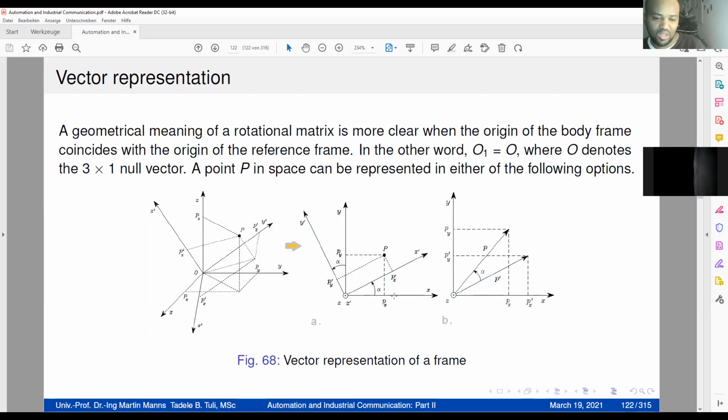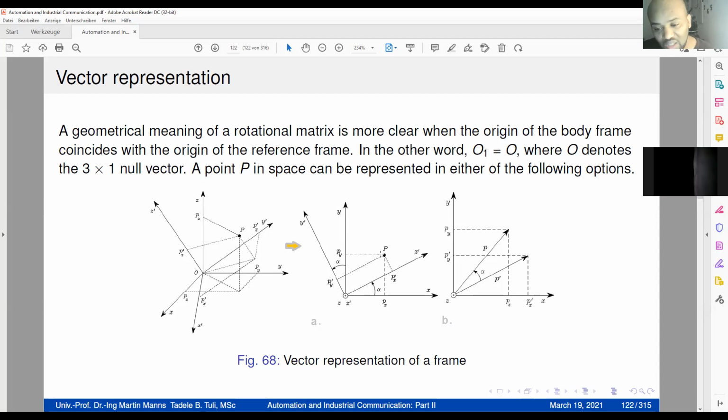There is a rotation. Assume you have one axis x, y, and another axis x prime, y prime. Initially you are in the xy plane, and later on you rotate by alpha, and you are at x prime and y prime.